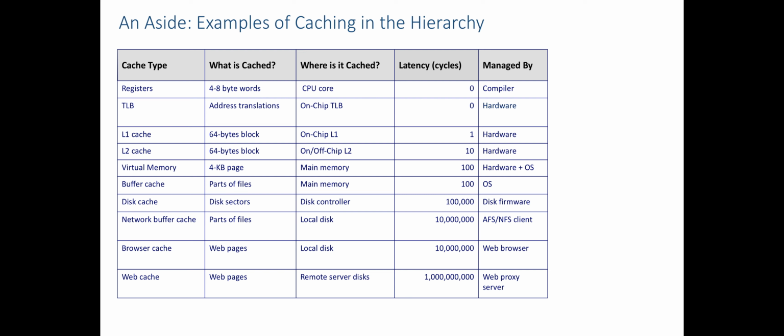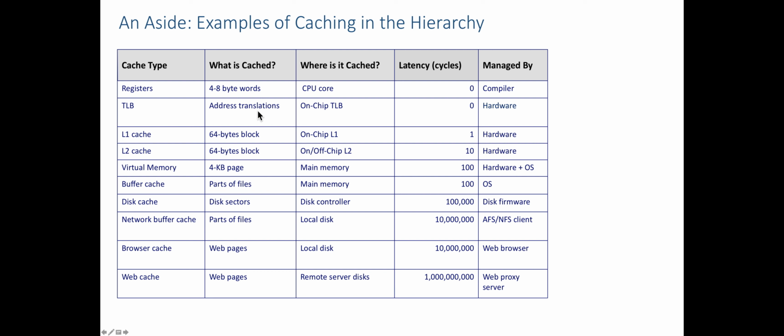So now, just as a little bit of an aside, caching is a really fundamental aspect of our hierarchy and throughout our computer. And so here we see registers and our L1 and L2 cache that I've been talking about.